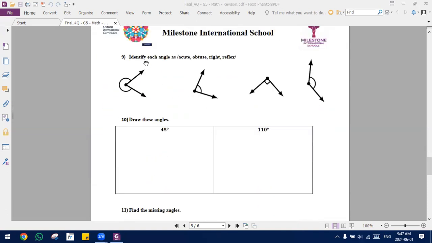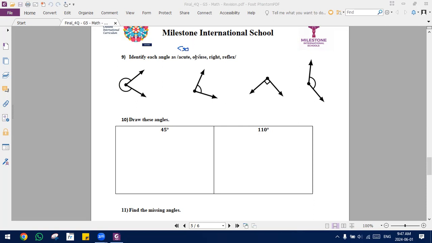Next one, identify each angle: acute, obtuse, right, and reflex. So starting from the first angle, as you can see, I didn't ask for this part, we asked for that part here. So for you to remember that, acute means an angle that is less than 90.